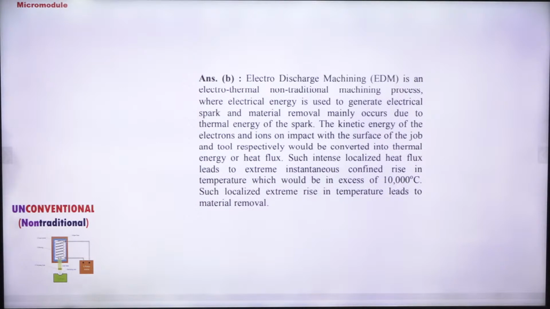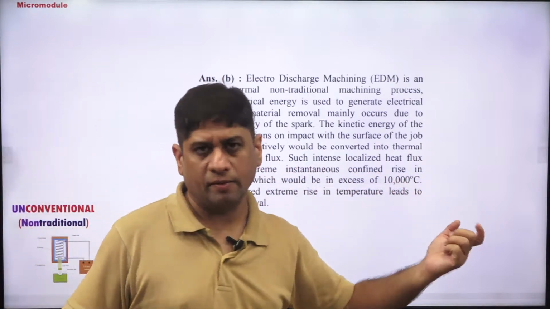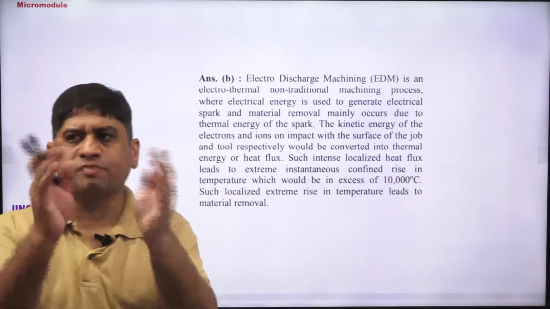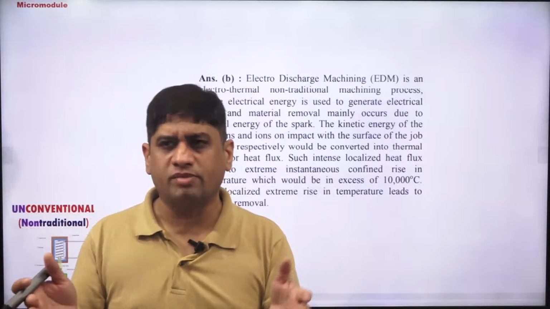In electric discharge machining, a spark is produced. It is an electrothermal non-traditional machining process, and electrons and ions undergo collision and thermal energy is released. Ionized heat flux, so a highly ionized region is created. Plasma is also the same thing. So in electric discharge machining, spark or plasma is more or less the same thing.